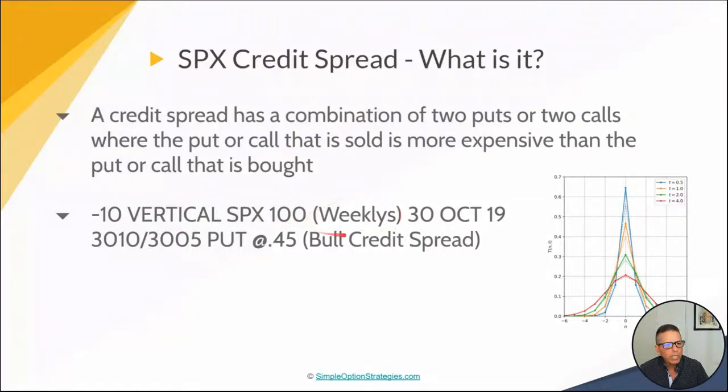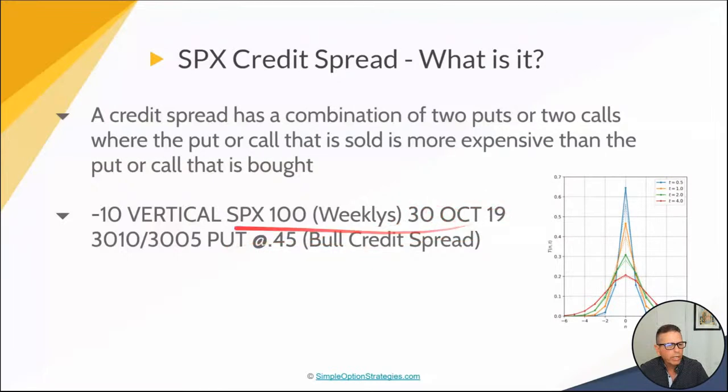These particular options are weeklies. They come out on Monday, Wednesday, and Friday most of the time, also at the end of the quarter and the end of the month. And this is actually the expiration date.